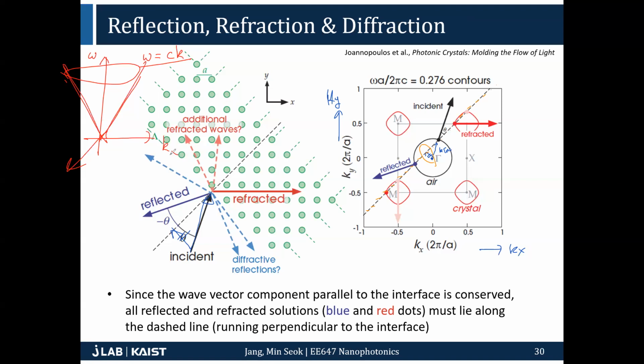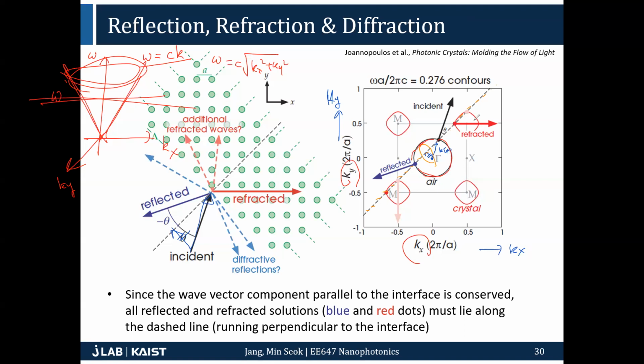And if you think about Kx and Ky, omega is equal to c times the square root of Kx squared plus Ky squared, which is just a circle. So if you cut through at a certain omega, your air dispersion in Kx, Ky space must be circular. You just cut through this dispersion relation and it becomes circular.